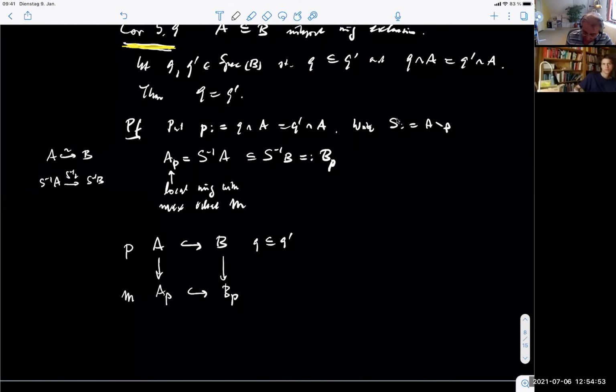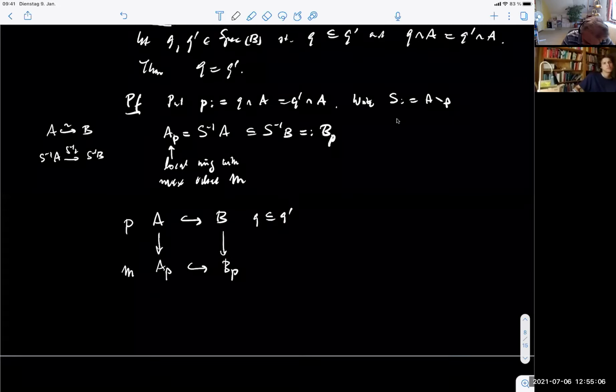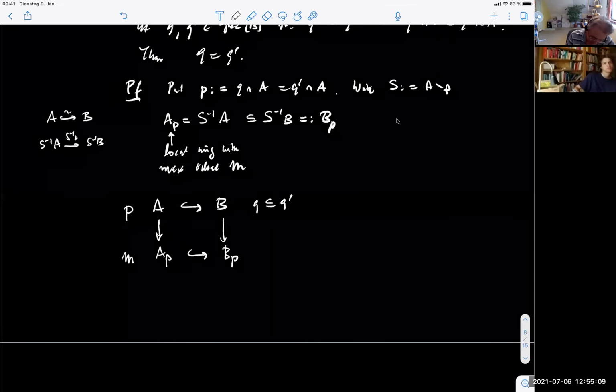Instead of looking at B, I look at this localization. Okay, I look at what happens with these prime ideals in this ring. So let me write it in text. Let N be the extension of Q in B. Okay, I have some ideal here.